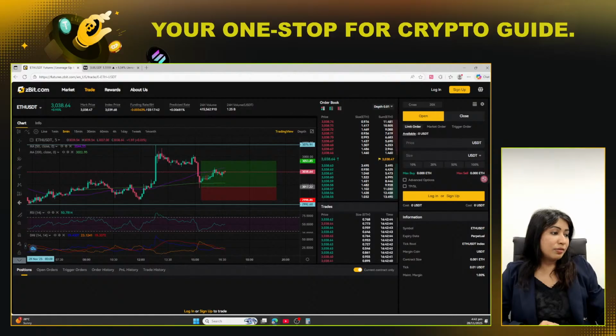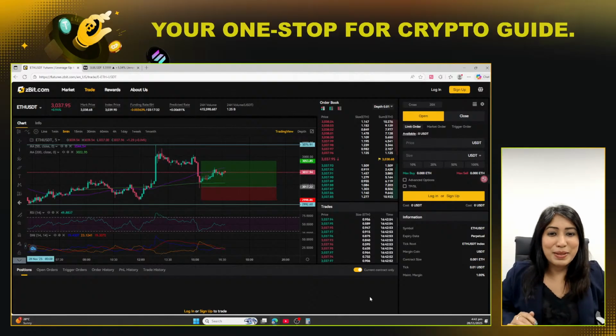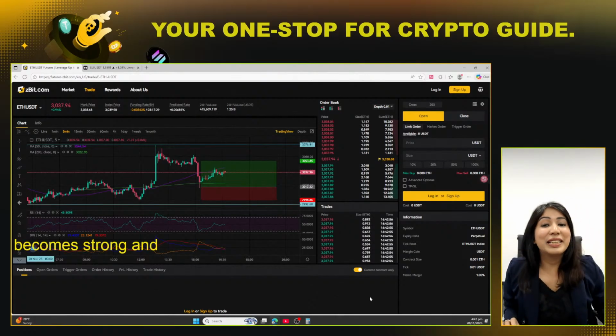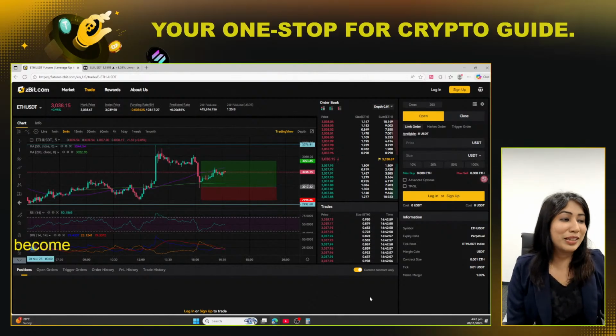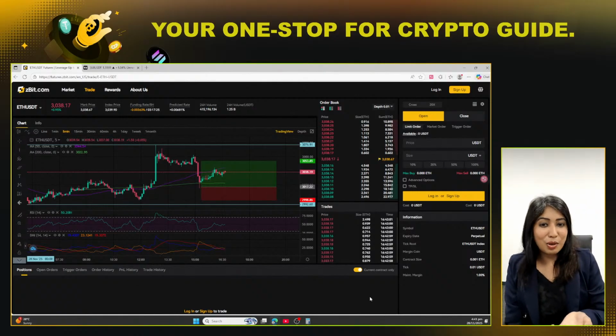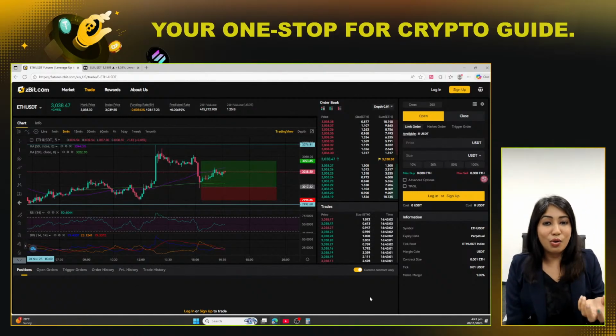Most likely, the reason for it not to achieve, there is no logical reasoning behind it, unless the sellers become strong and buyers become weak, then nobody can control that. And crypto markets are all about control of the people, right? It's all about buyers becoming strong or sellers becoming strong.